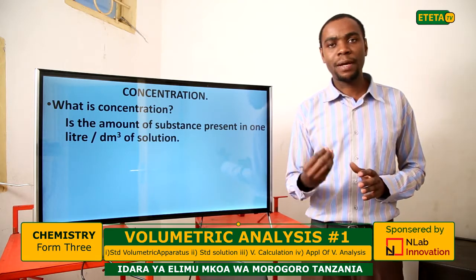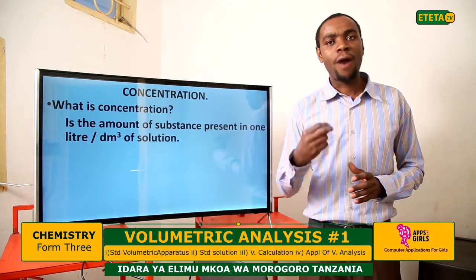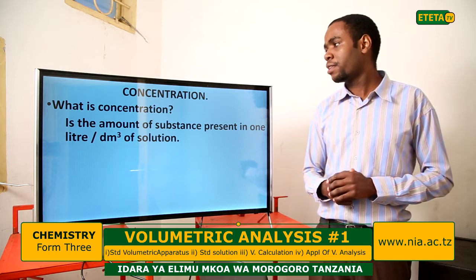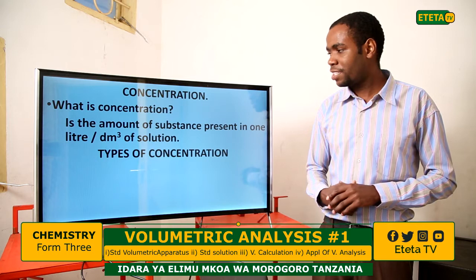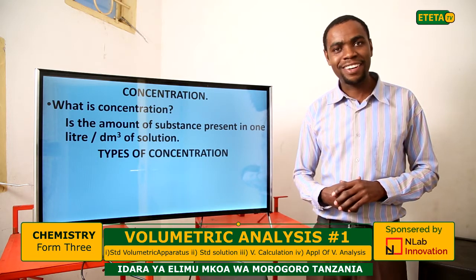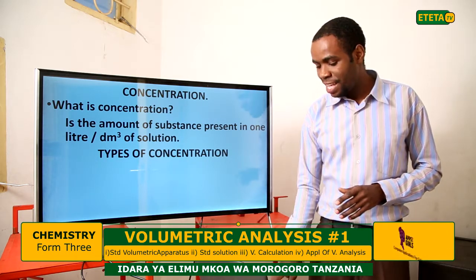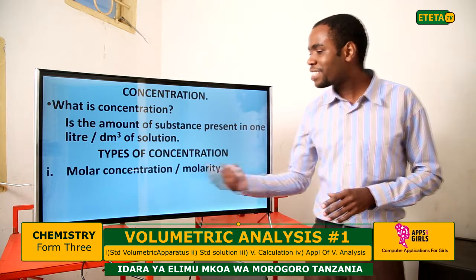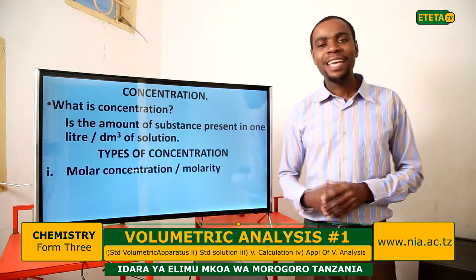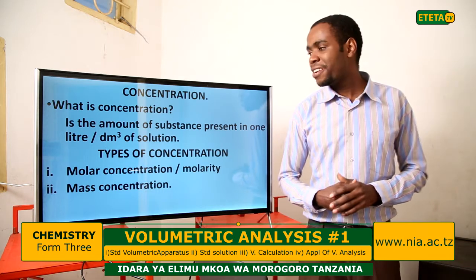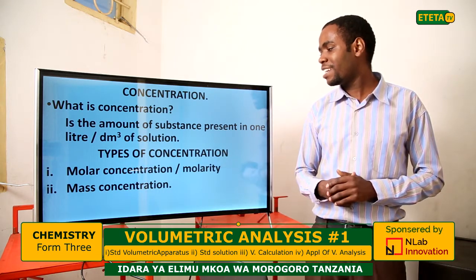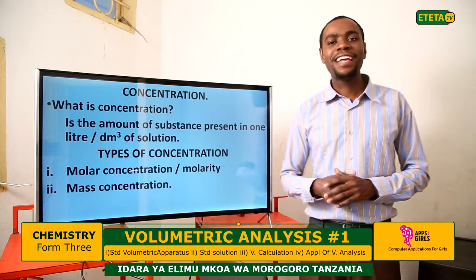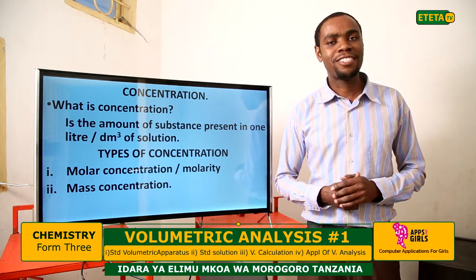Now, types of concentration. We have 2 types of concentration. The first one is the molar concentration, or molarity, and the second one is the mass concentration.